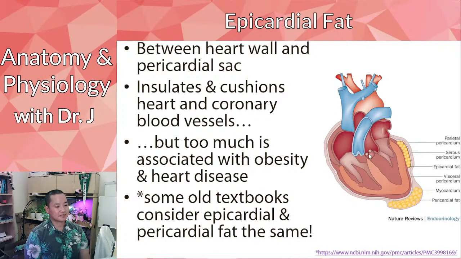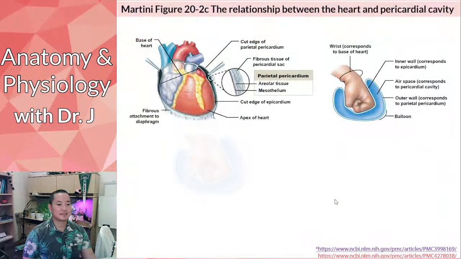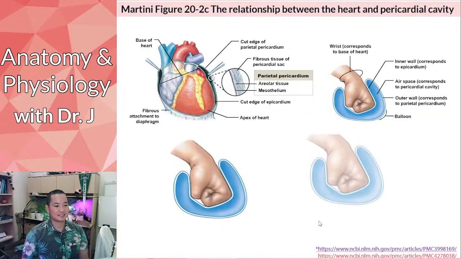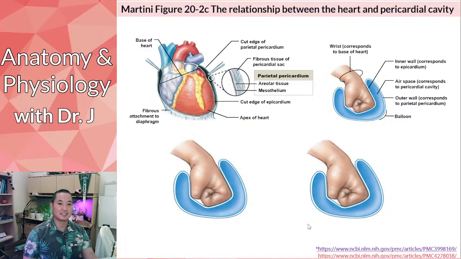This one I put an asterisk on. I don't expect you to know the differences, but I'm letting you know that if you look at epicardial and pericardial fat, even one year ago, and I have to look at this every year, I don't think there's a consensus yet. Some older textbooks actually consider them the same, but what I've noticed so far seems to be almost the consensus, or it seems to be leaning this way.